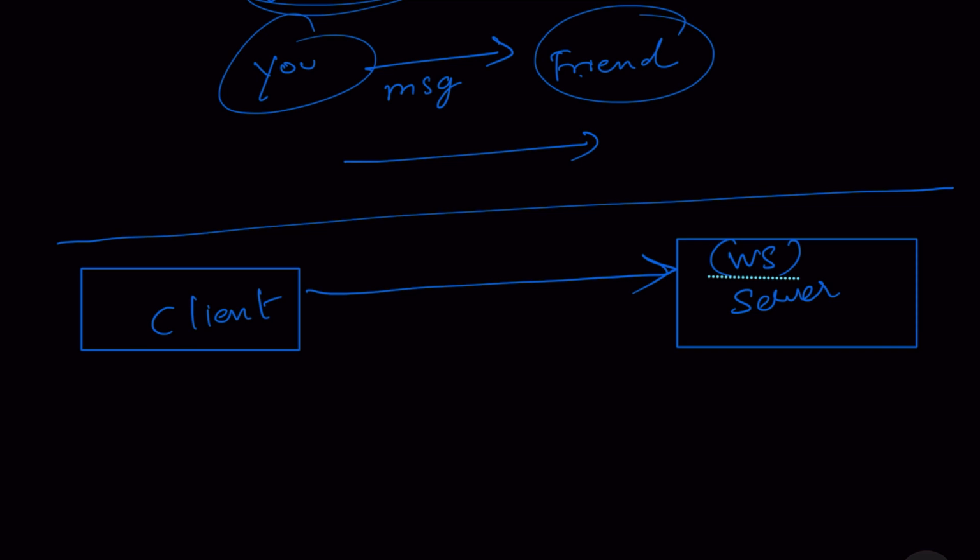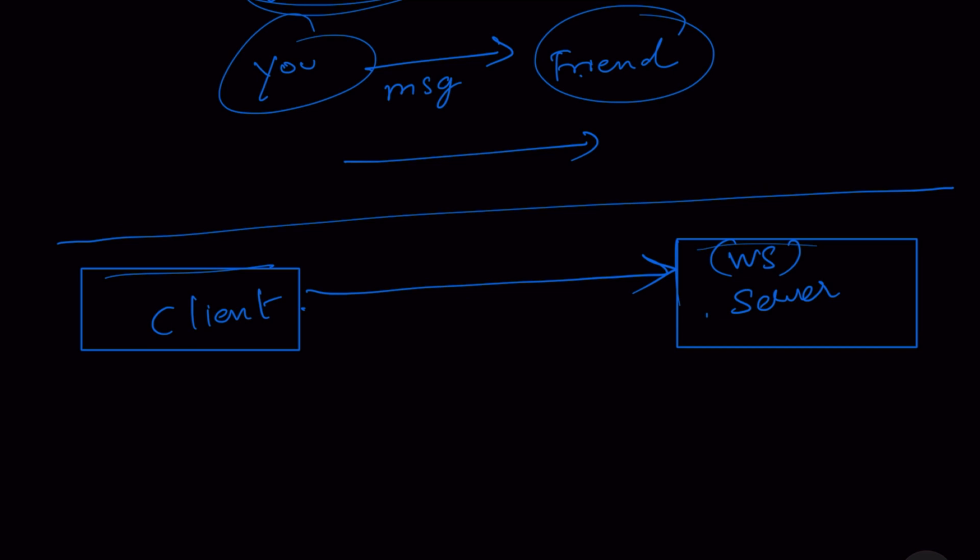At the end of the day, this is your mobile and this is sitting somewhere, right? And these two things need to talk to each other to establish a connection between them.